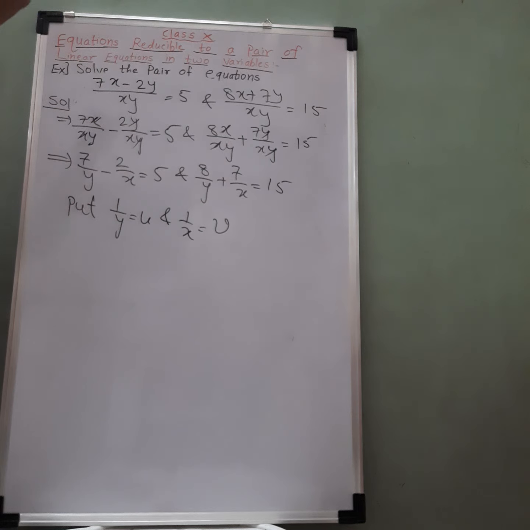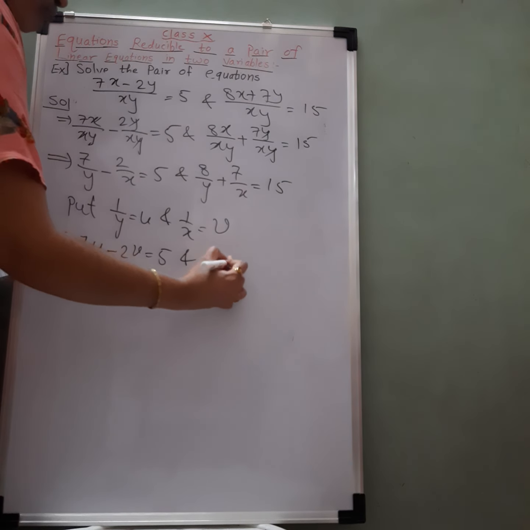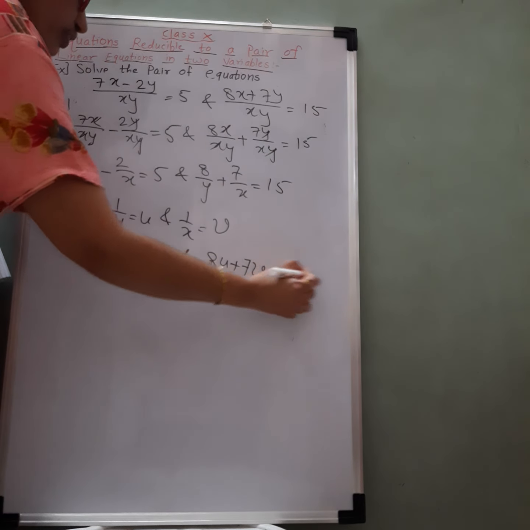You can put any alphabet, you can also put p and q, anything you can use. Now this equation comes to the standard form, that is 7u minus 2v is equal to 5 and 8u plus 7v is equal to 15.